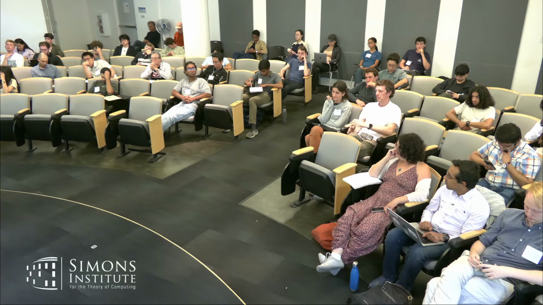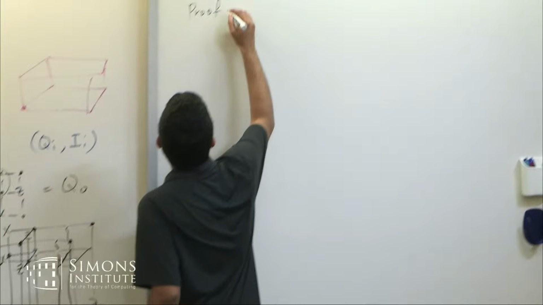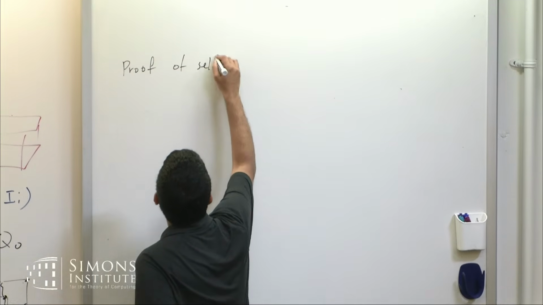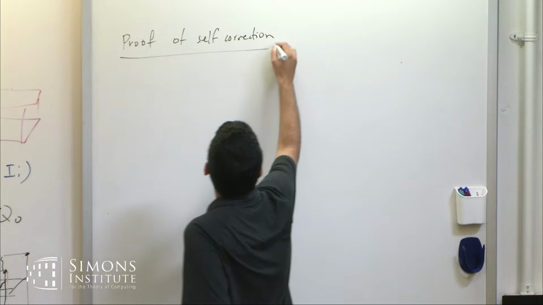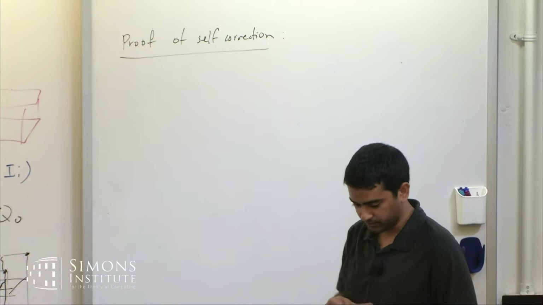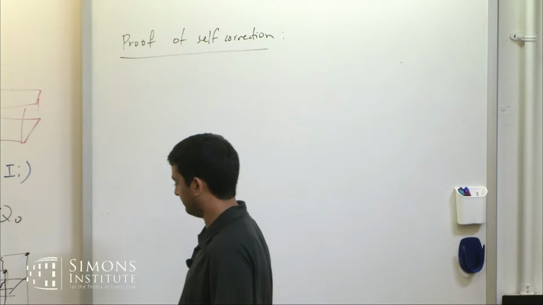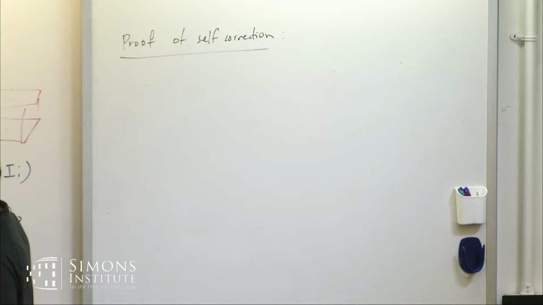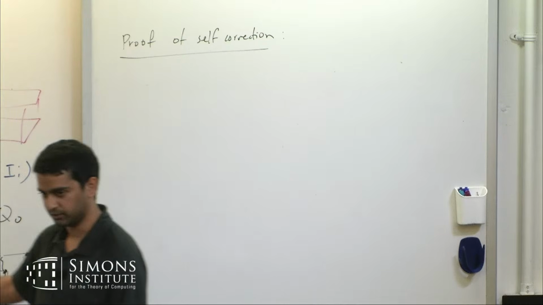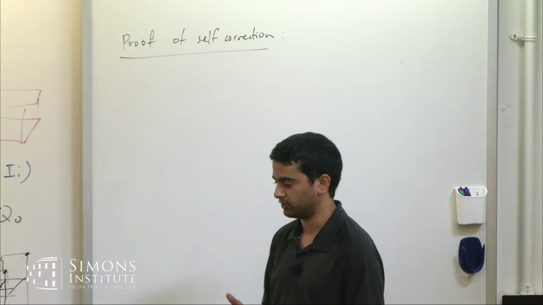Okay. So then I want to mention a little bit of the proof of the self-correction property. There's one thing I'm not going to talk too much about, which is the part that uses some homology theory, which is just that every time I perform this replacement procedure, you have to argue that the dimension of the code space doesn't change.